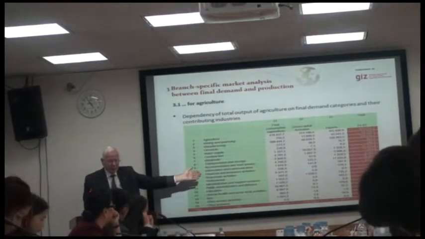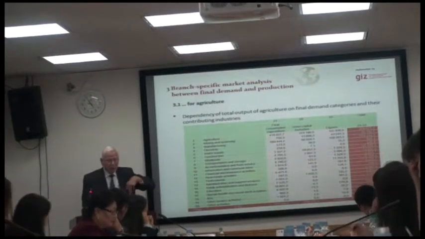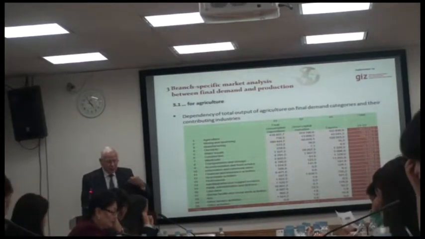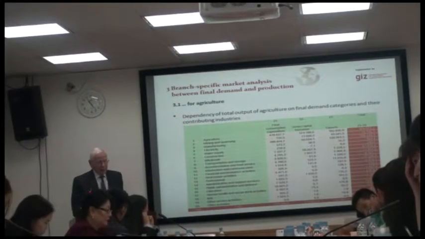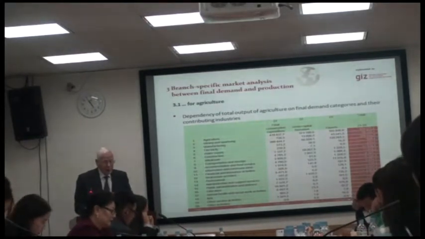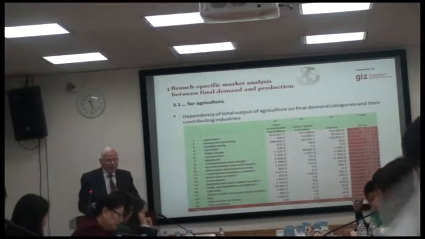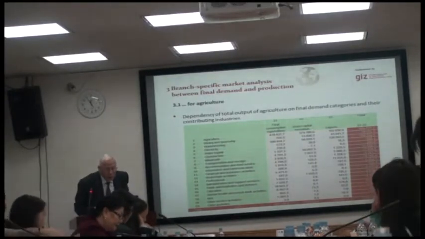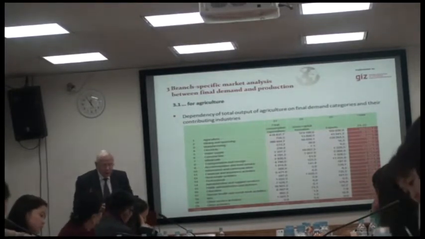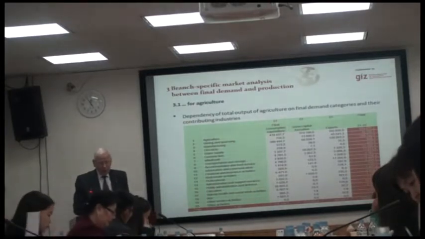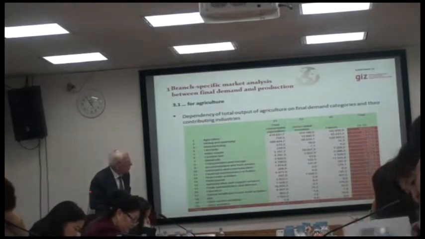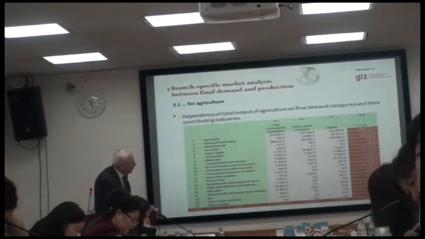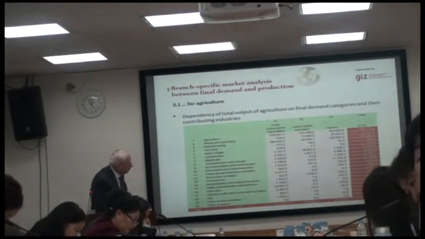So I think the title is branch-specific market analysis between final demand and production for agriculture. So what we can see is the dependency of total output of agriculture on final demand categories and their contributing industries. Look at this result, what we have here as totals.